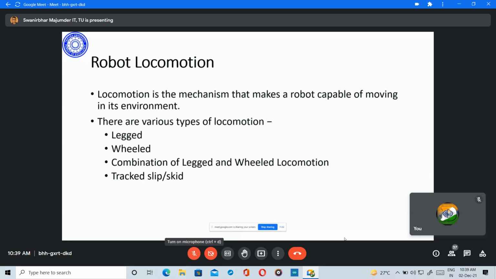In that, you can move the ball to the left side and right side. So you can have left and right movement. It falls under wheeled only, but the difference is that it is no longer a wheel, you have a ball movement. So that kind of thing is also there.